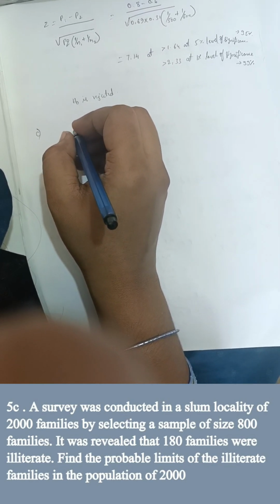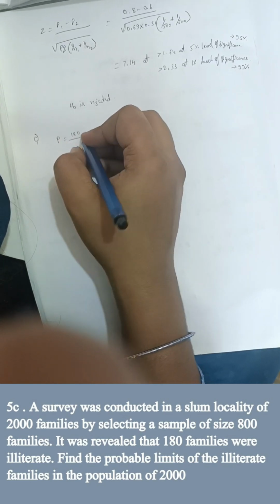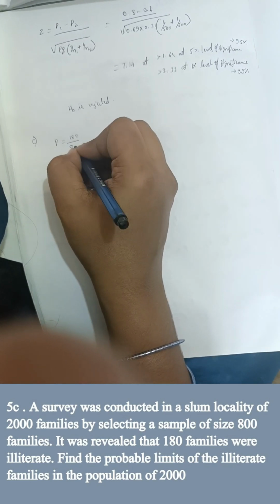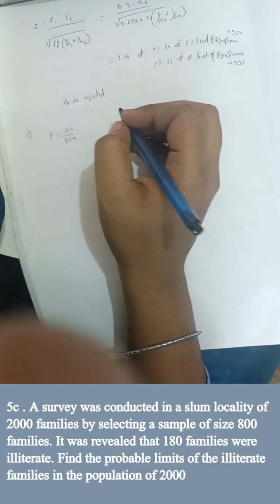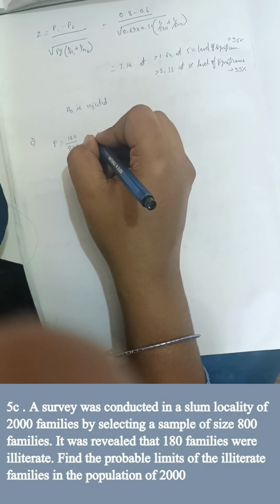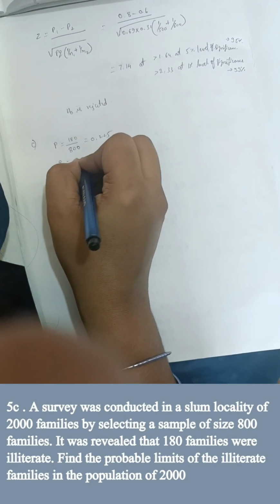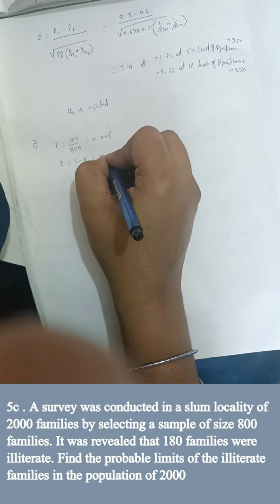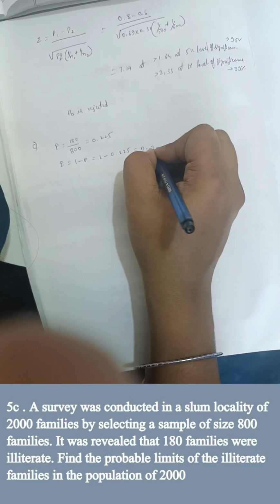In that, we take the probability P as 180 illiterate out of 800. Therefore, P is equal to 180 by 800, which is 0.225. Q is equal to 1 minus P, which is 1 minus 0.225, that is 0.775.